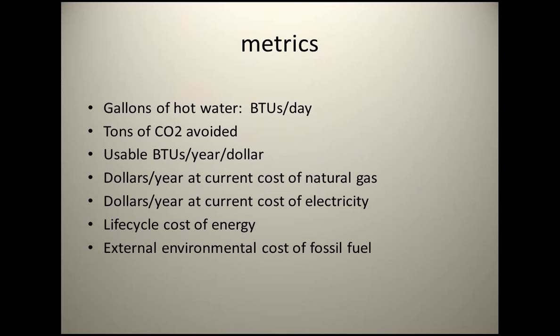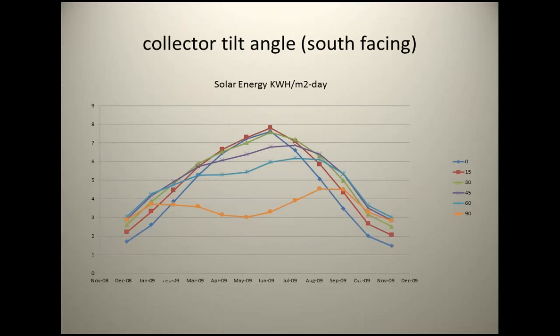Here we're doing copper and glass and bulk materials and pumps and stuff like that. I don't know the cost of the energy involved in putting all these things together, but I'm sure it's not as good as PV. And then there's the external environmental cost of fossil fuel. So, how do you make the trade? You don't. You just do it, you believe it.